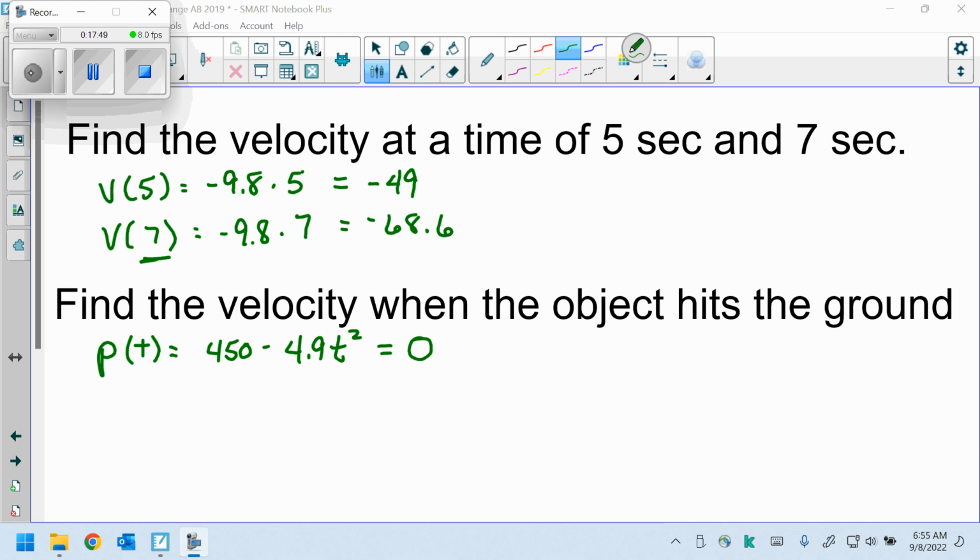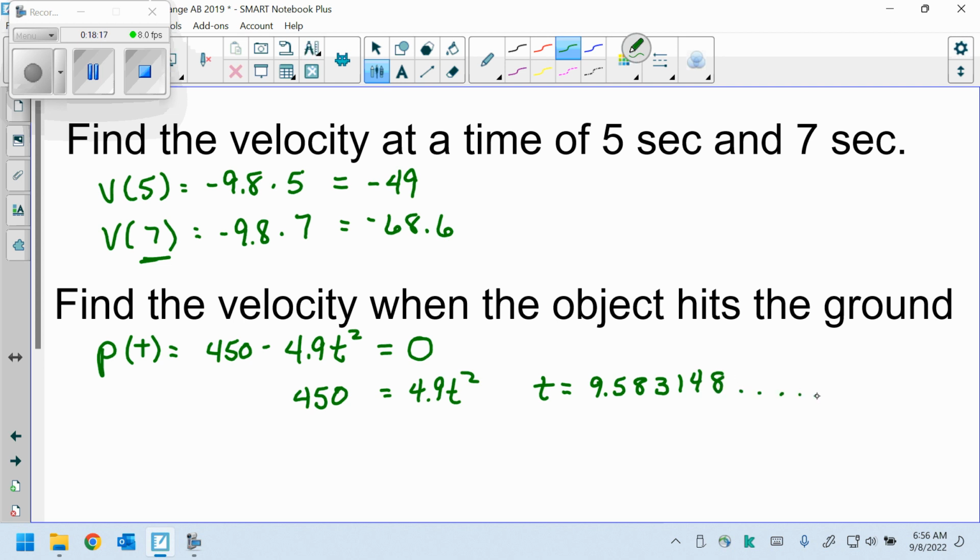Now, you probably divided by 4.9 and took the square root, and you probably found that the time was 9.58314, yada, yada, yada, a lot of numbers.